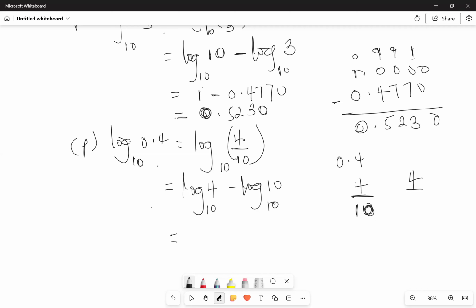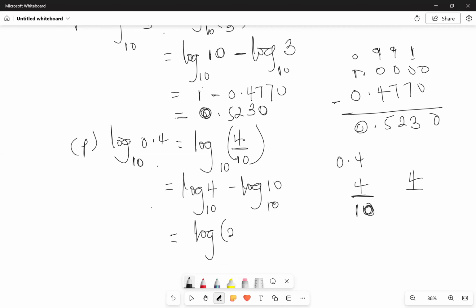Yeah. So we're given log 2 and log 3. So I can find log 4. You know, log 4 can be rewritten as log 2 squared, right? Base 10. If you want to stick to what we've been doing earlier, you can also see log 4 is the same as what?